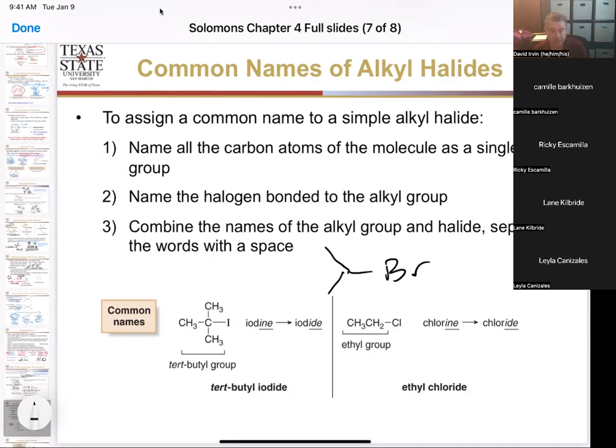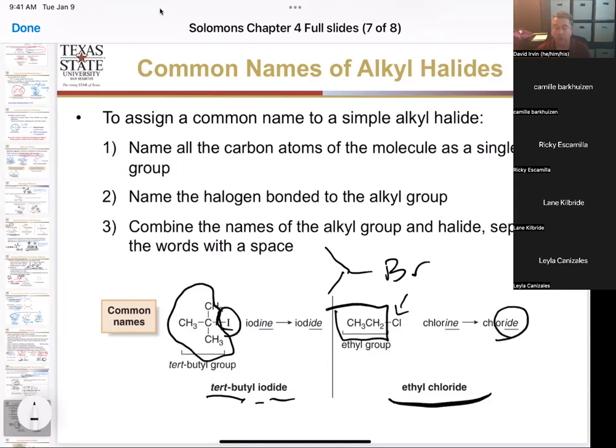Common names have spaces. In this case, we have the tert-butyl group with an iodine, so it's going to be tert-butyl iodide. It takes the name iodine to iodide, showing you have a sigma bond between that alkyl group and the halogen. In this case, we have 2 carbons, which would be ethane, but it's a substituent, so it's ethyl. And we have a chlorine on there, and we change that to ide, so it's ethyl chloride.